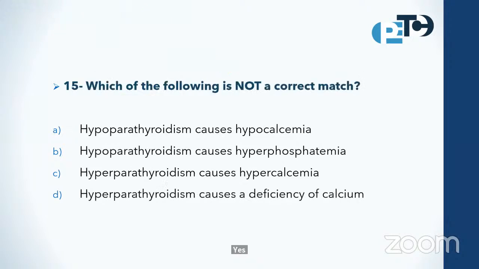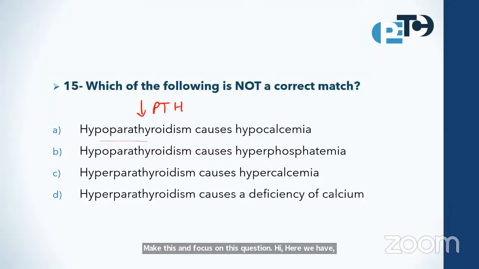Which of the following is not a correct match? Let us focus on this question. Hypoparathyroidism: here we have a low level of parathyroid hormone, which will cause hypocalcemia.